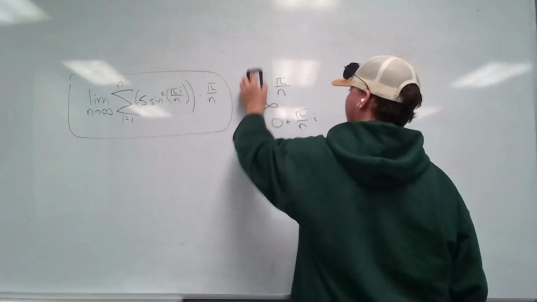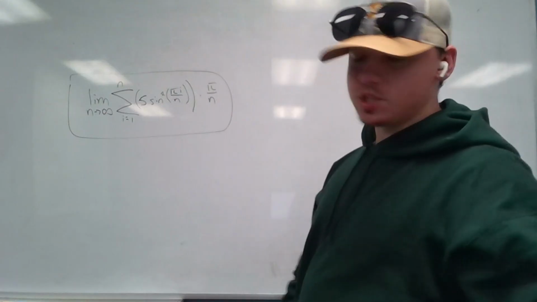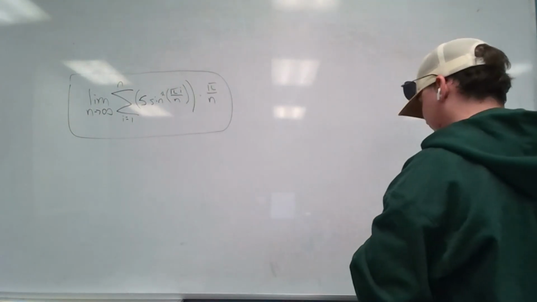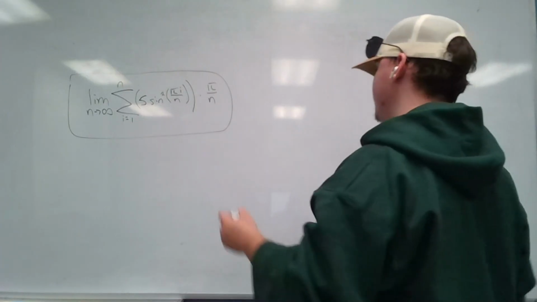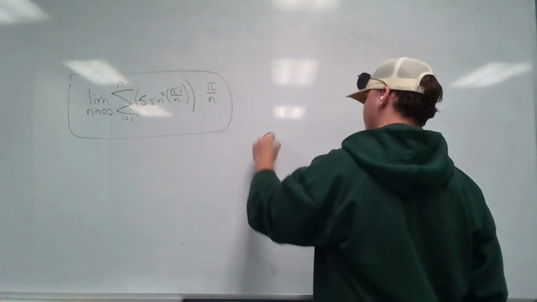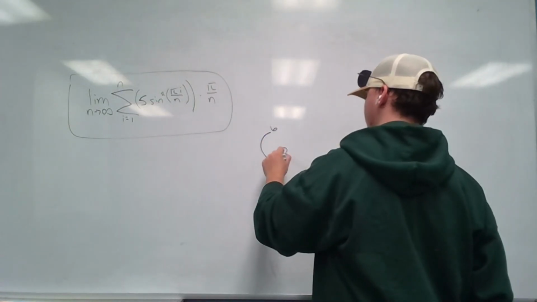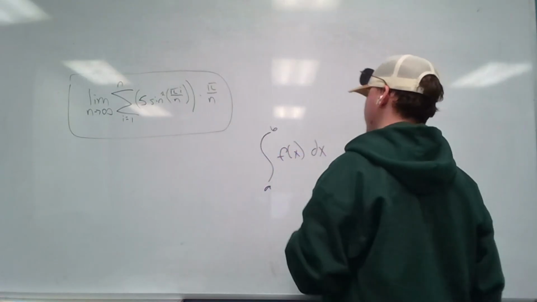So, change in x equals pi over n, we know that. But let me teach you about the integral notation. Well, I keep that up there. So the integral is this little curve, a to b, and then f of x dx.